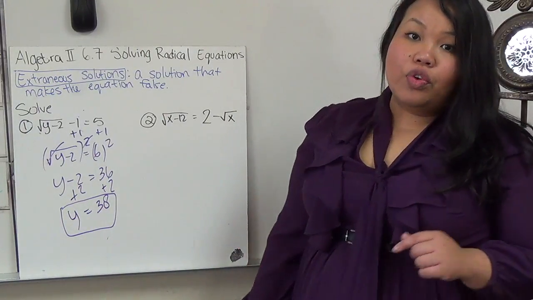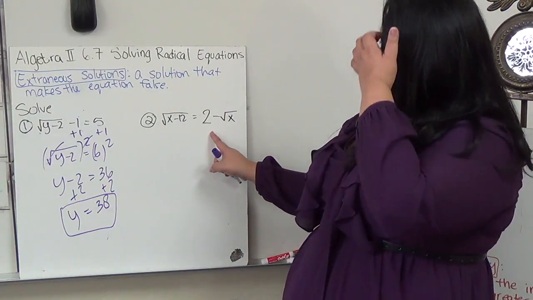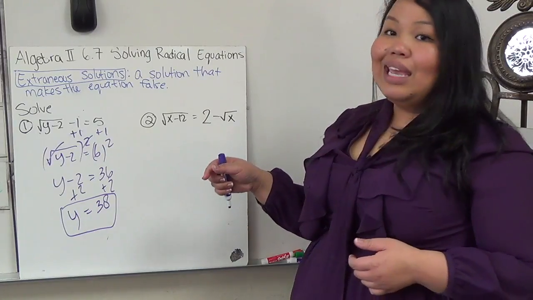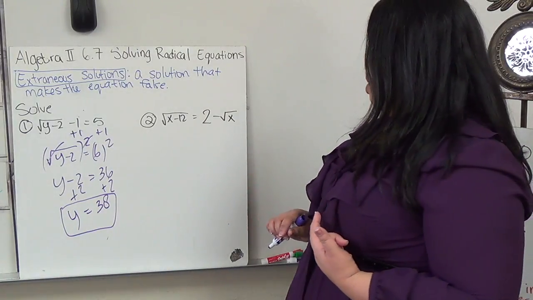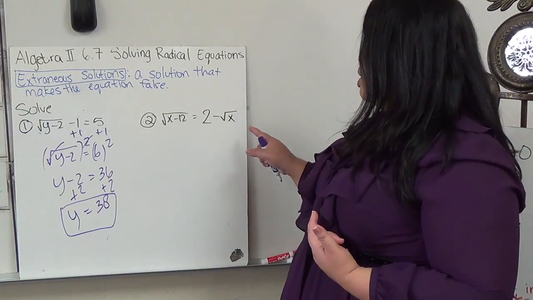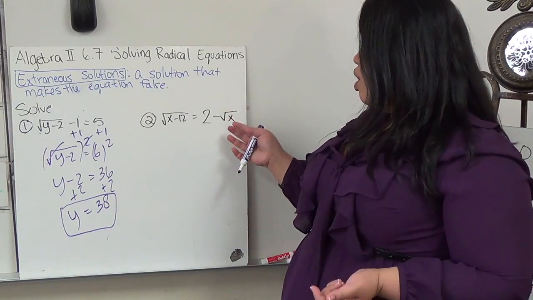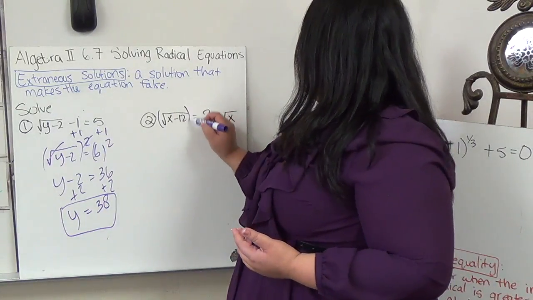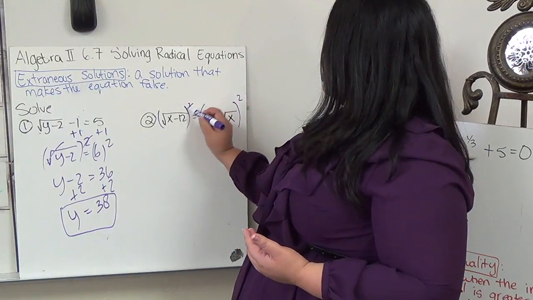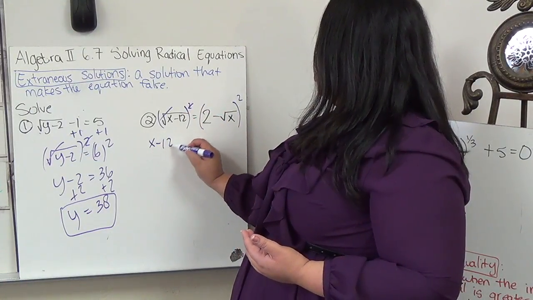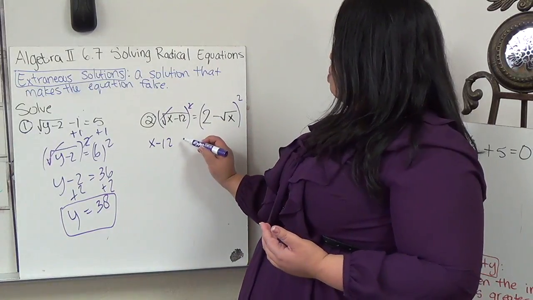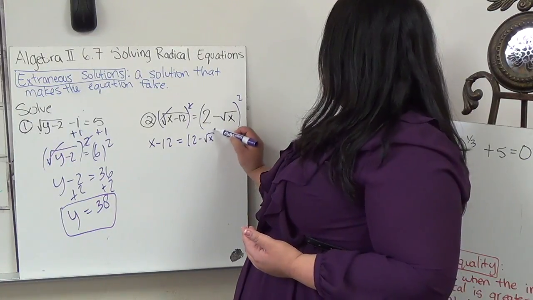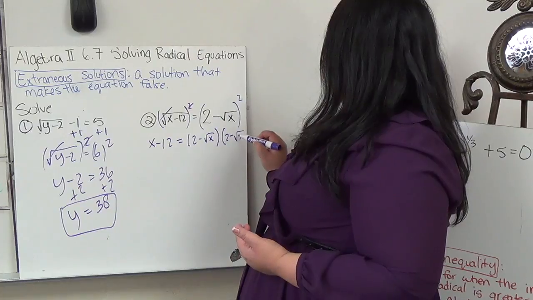Now, number 2 forces my hand because I do have a 2 here, but because I have a square root on both sides, I can't really do anything about it, because I can't square without affecting this. So I'm going to be forced to square it anyways. This means that if I square this, this automatically cancels out, giving me x minus 12. But this, because it has a minus between my terms, I have 2 different terms and one of them is a square root, so I have to do 2 minus square root x times 2 minus square root x, right?